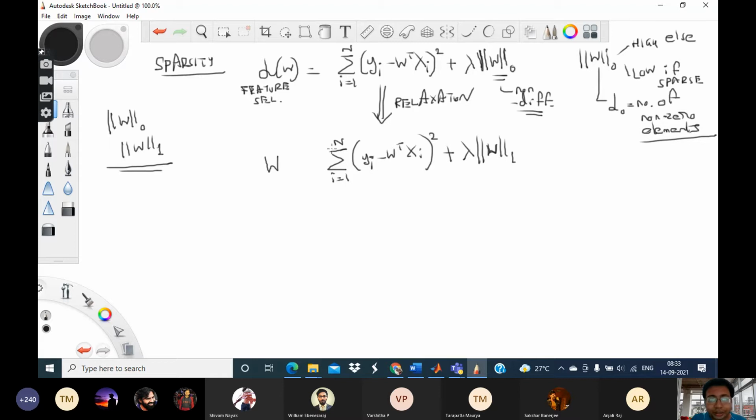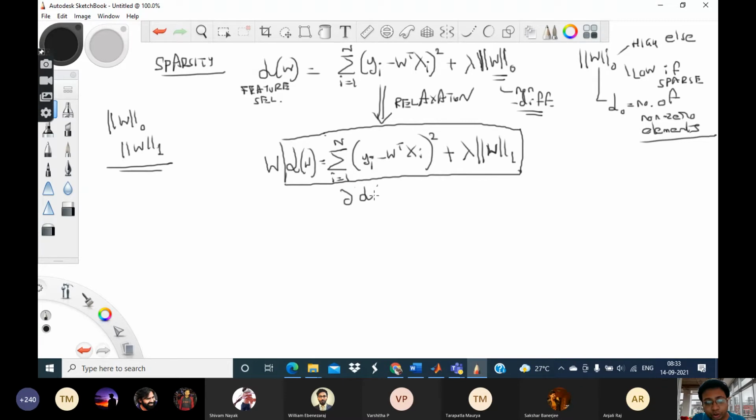Now when I come to this equation and I want to minimize this new loss function, in this case also I will not be able to do much if I try to take the derivative of this loss function with respect to W, equate it to 0 and then solve.